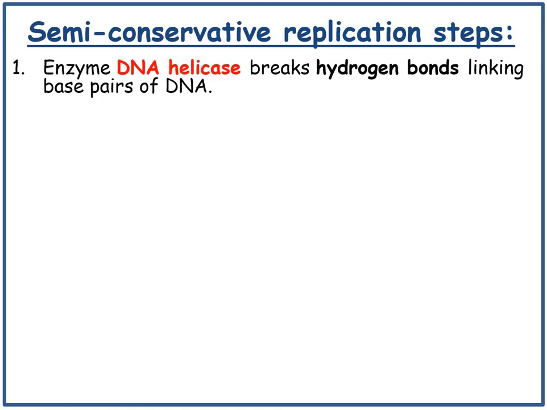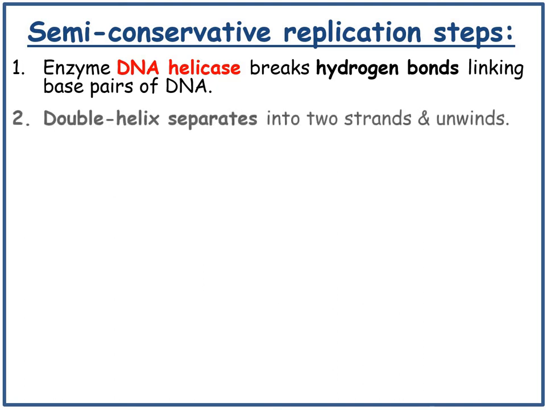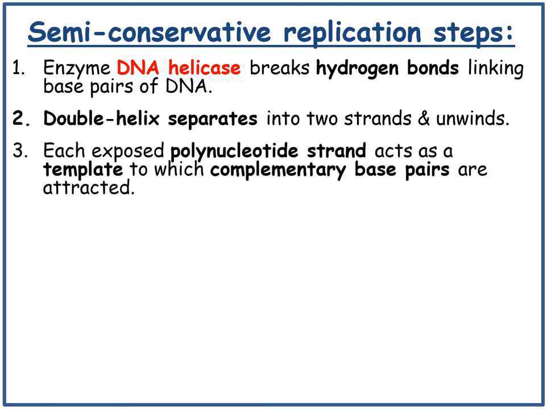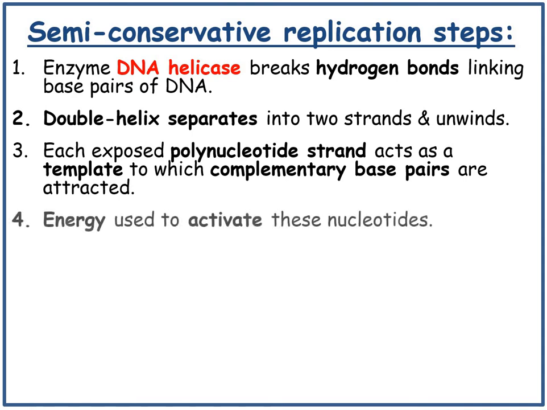So, the enzyme DNA helicase breaks the hydrogen bonds linking the base pairs of DNA. The double helix separates into two strands and unwinds. Each exposed polynucleotide strand acts as a template to which complementary base pairs are attracted. Energy is used to activate these nucleotides.